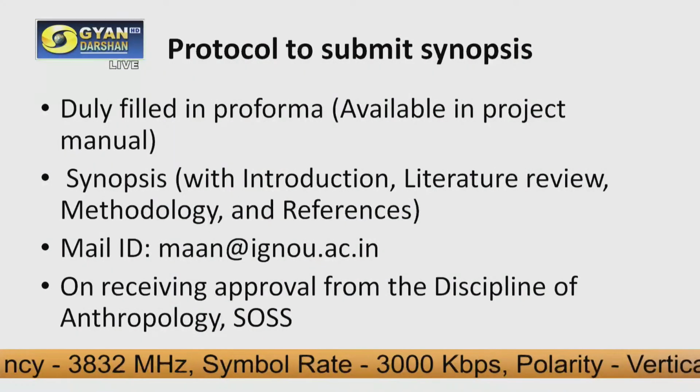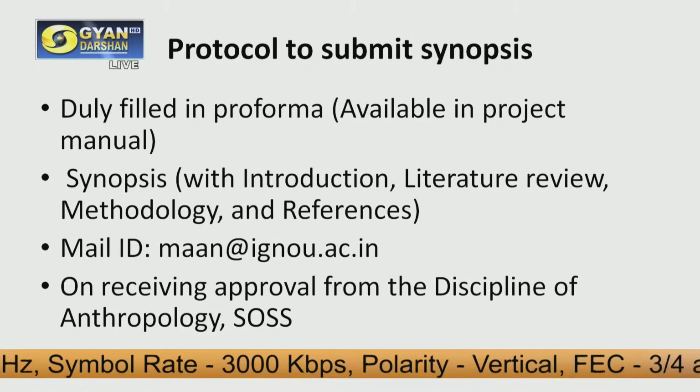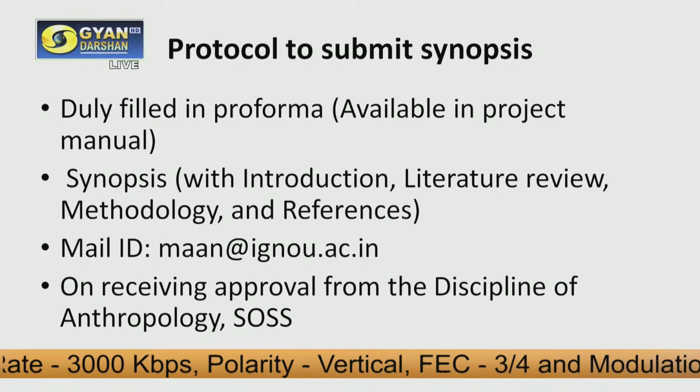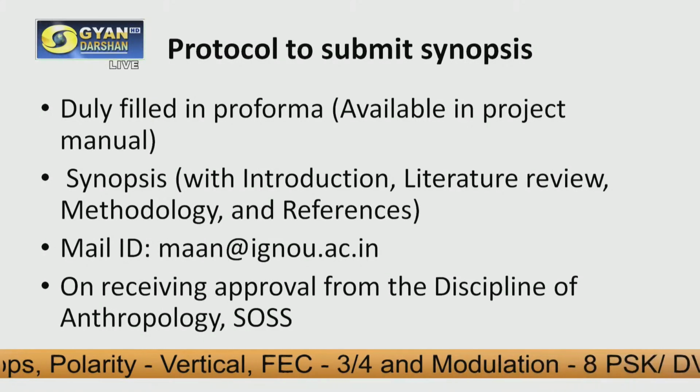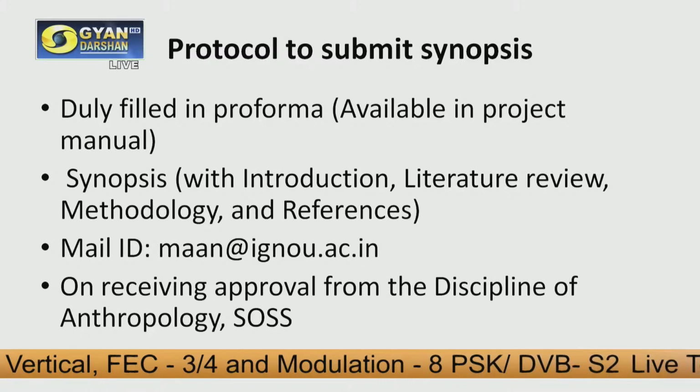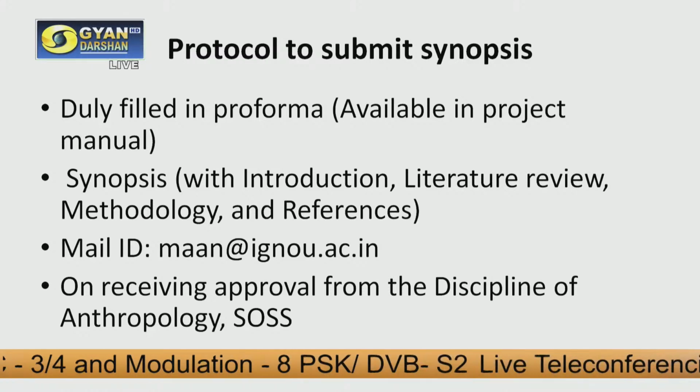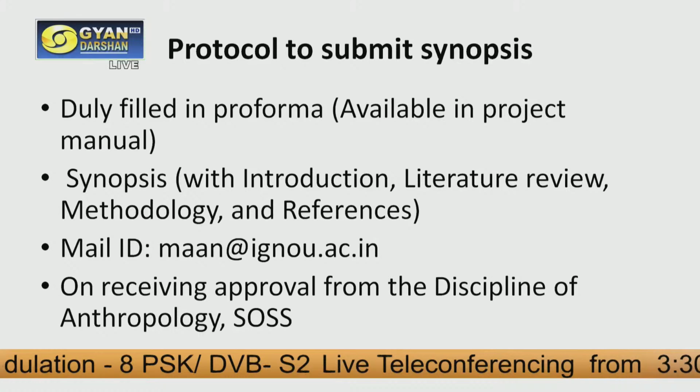After making a clear synopsis, prepare it into a PDF, then attach the proforma that is available in the manual and get it signed by the mentor. You also sign, then mail it to the designated email ID particularly for the MAAN program, MAAN@ignou.ac.in.